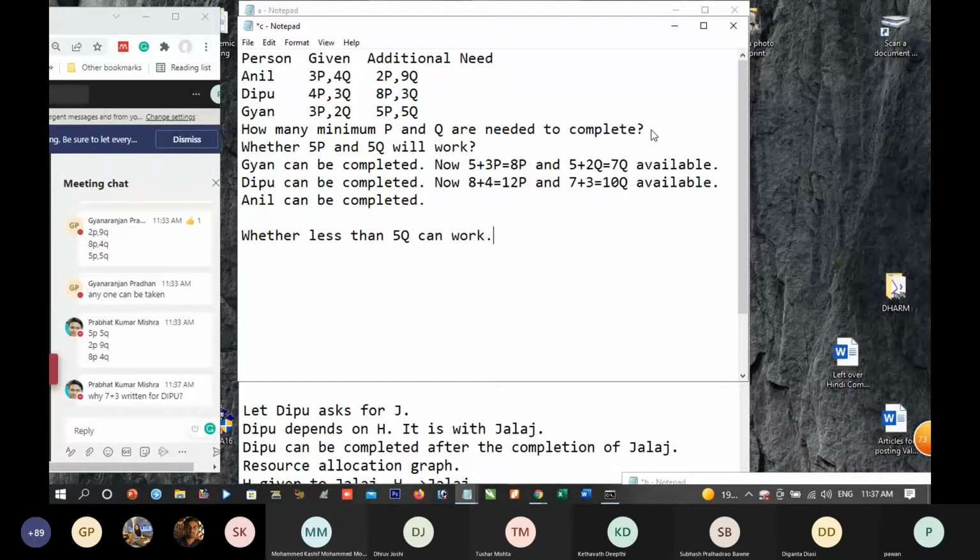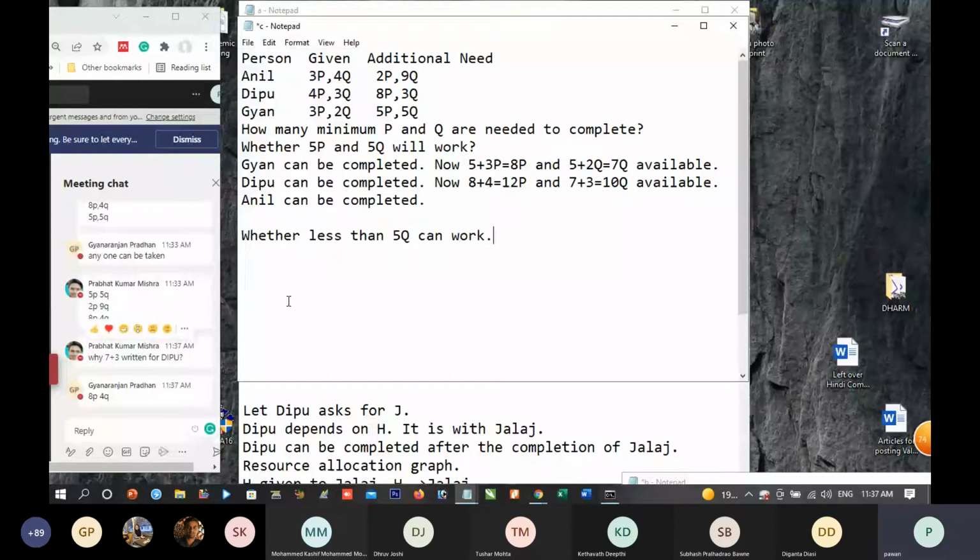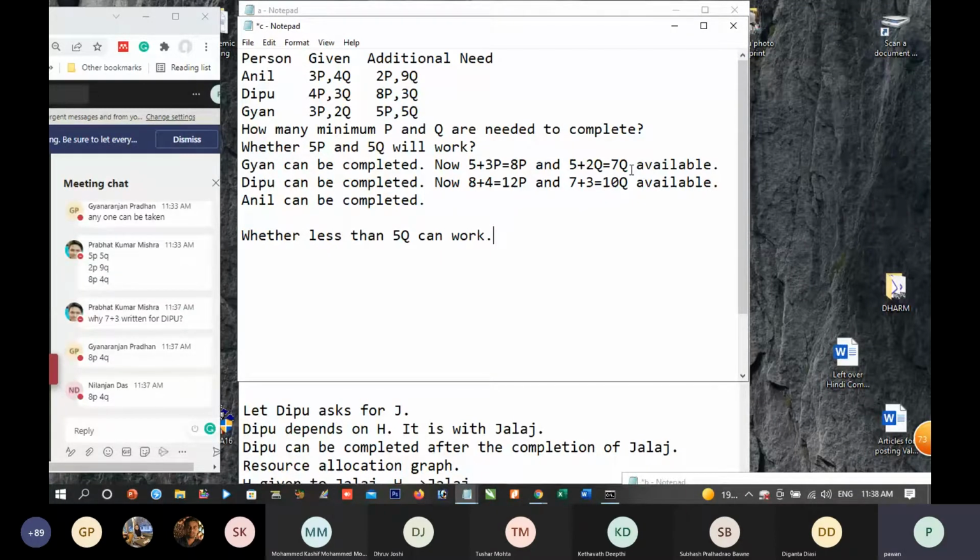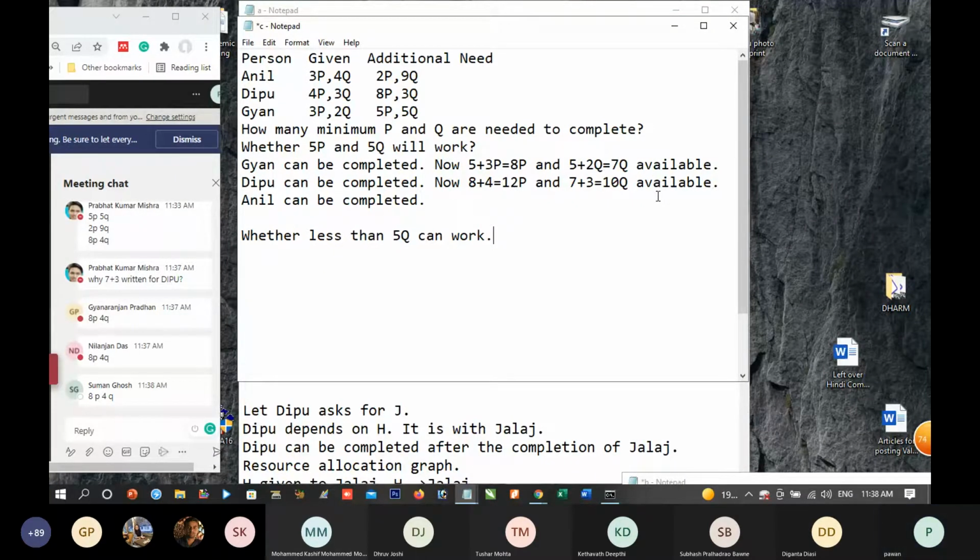Because when Gyan is completed, 8P and 7Q will be available. When Deepu is completed, then 12P and 10Q will be available. Prabhat, is your doubt clear?